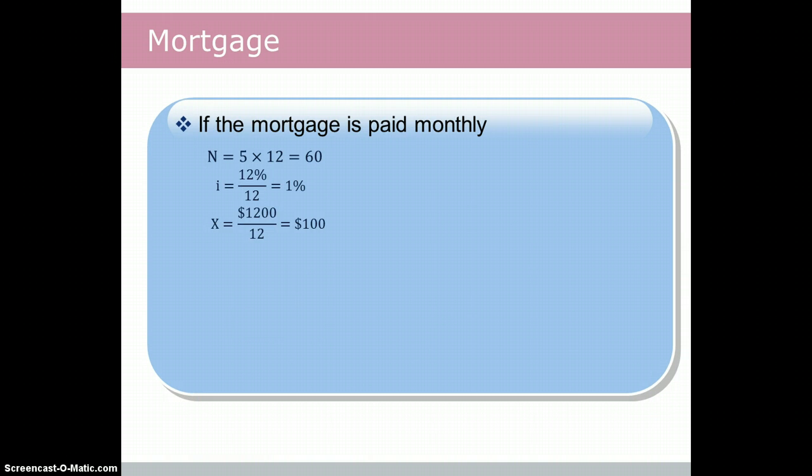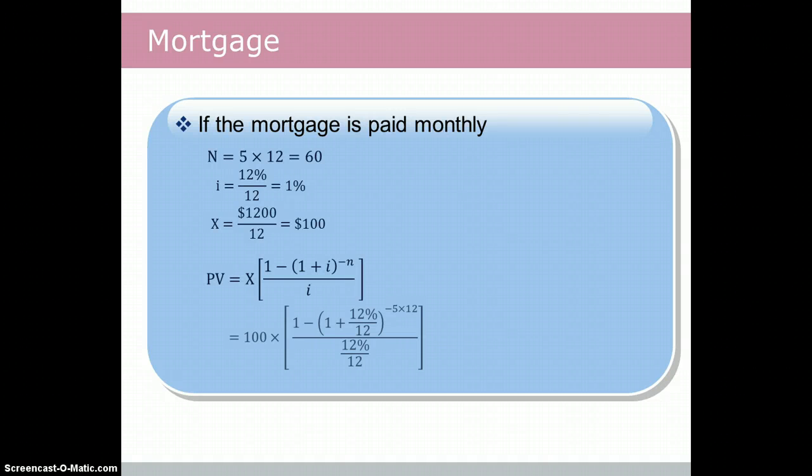If it is paid more frequently, for example monthly, then N is 60, the interest rate is 1%, and each payment is 100. After calculation, we get 44.96, which is bigger than 43.26. That is to say, if your mortgage is paid monthly rather than yearly, you pay more.